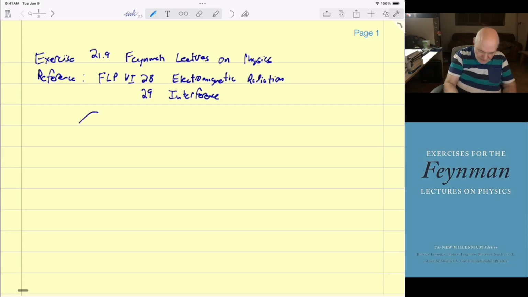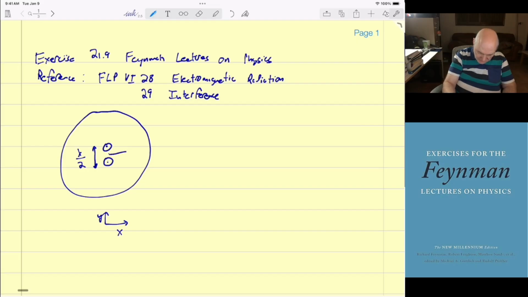We have a helicopter flying in a circle, and let's say this is the XY plane, and the dipoles are coming out of the plane, and they're separated in the north-south direction by a half a wavelength. And the helicopter is flying in a circle at this velocity.